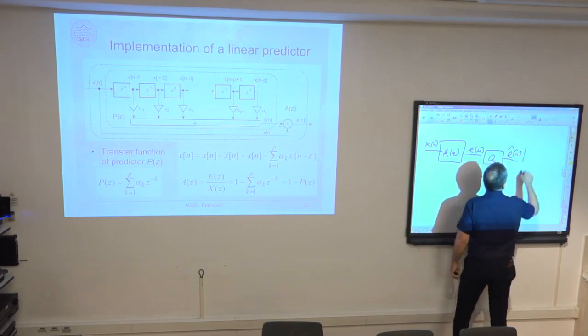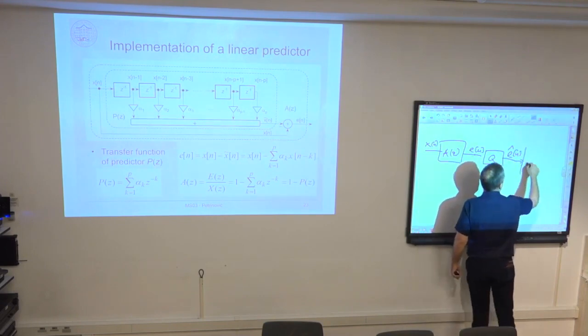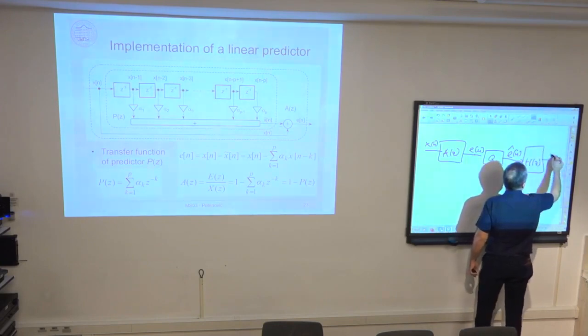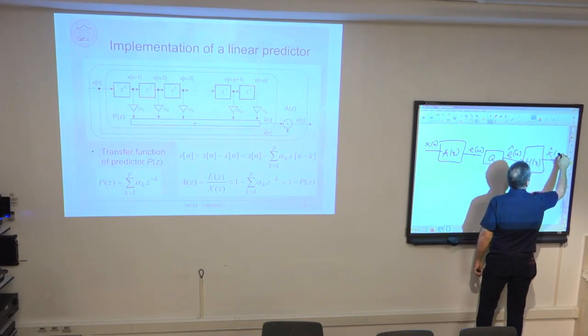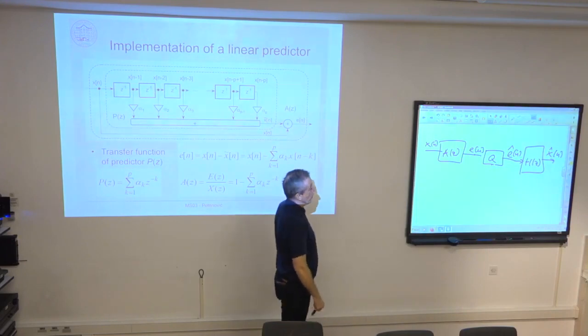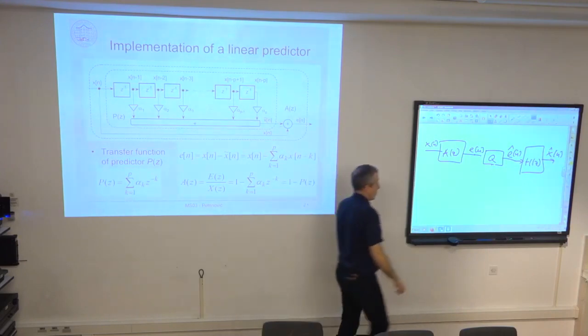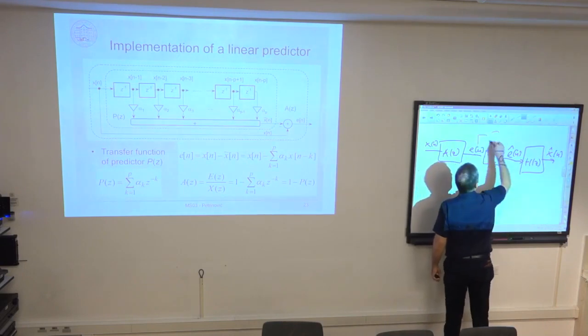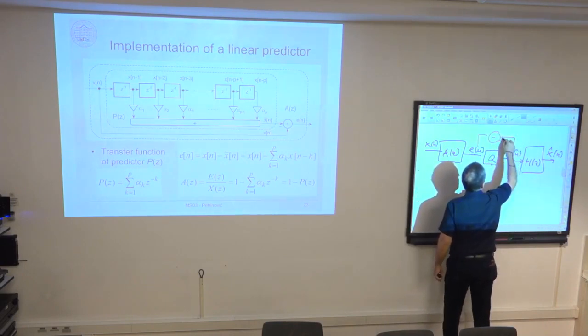And then again I have the reconstruction filter h of z, and the output I get is x hat of n, some approximation of the original input signal. So I have some error here: quantization error.